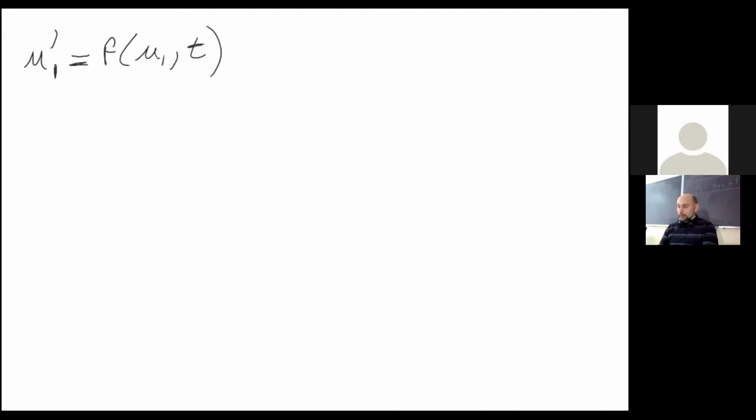And on the other hand, we have that u2 prime satisfies not the equality, but an inequality with a greater: u2 prime is greater than f of u2, t.